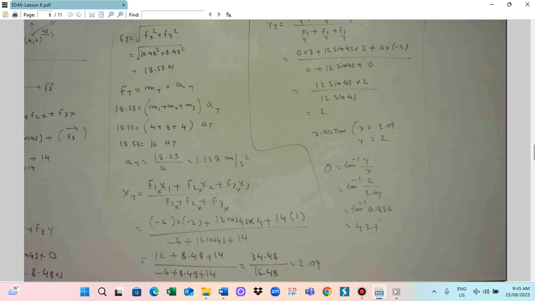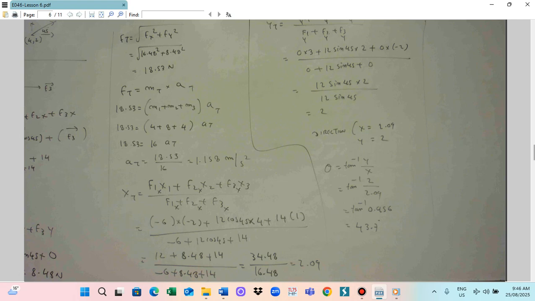Then square root, so 18.53. So this is the F total. So F is equal to M into acceleration of the center of mass, so 18.53 Newton.